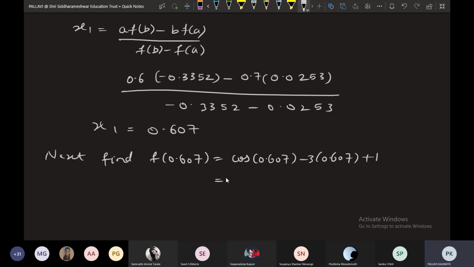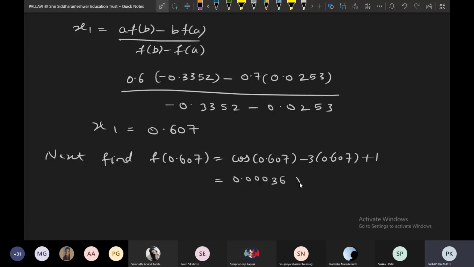Check how much you are getting. 0.00036. Is it 36? 36. Okay, positive value. So we write it is greater than 0.